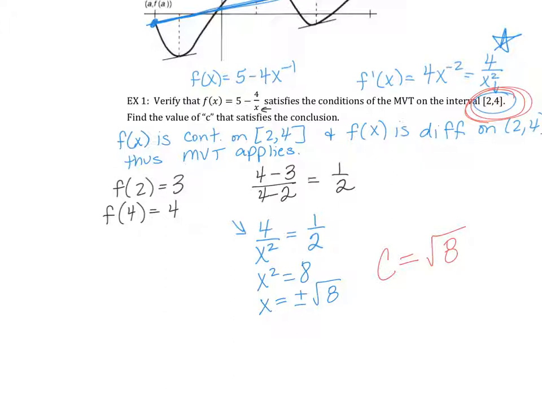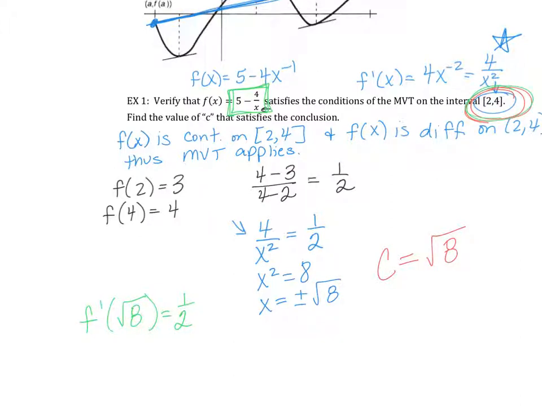Now I want to be very clear, that's the answer, but you're like, okay, what am I saying? What you're saying is, if I were to draw this graph and found the derivative at square root of 8, it would be equal to the slope of the secant line, which was 1/2.